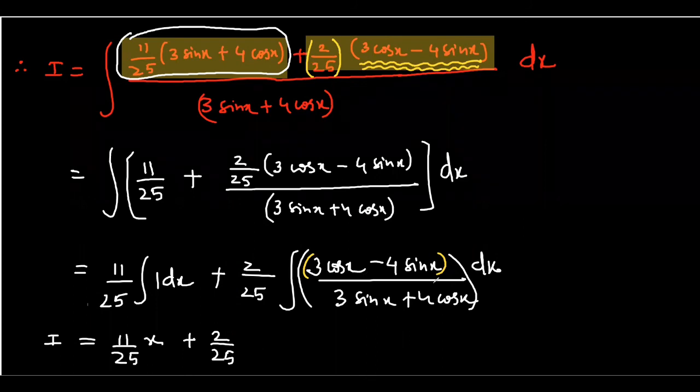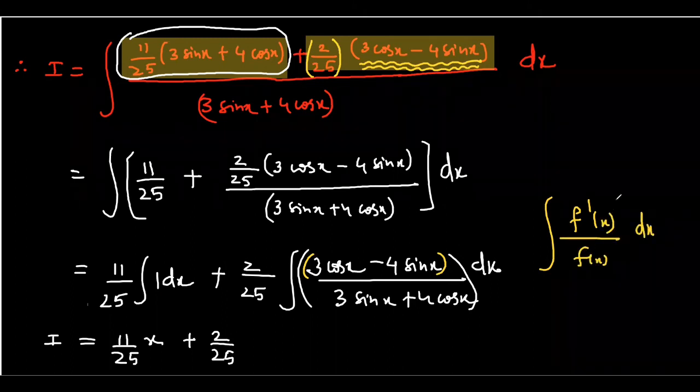So now when you know that the numerator here is f dash x and the denominator is f of x, when the numerator is a derivative of the denominator, like here, the answer is log of mod of the denominator.